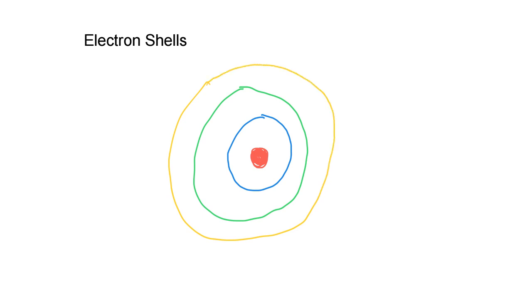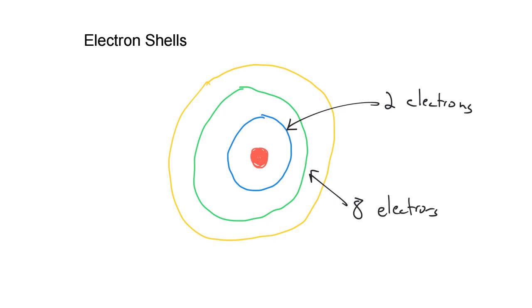And the number of electrons that can fit into each of these shells is fixed. The innermost shell can fit 2 electrons. The next shell out can fit 8. And I think it's useful to just think of each additional shell as being able to fit 8 more electrons.